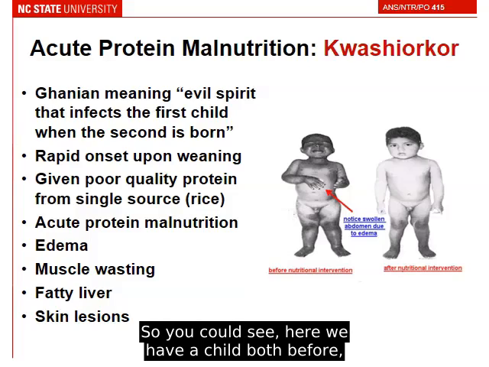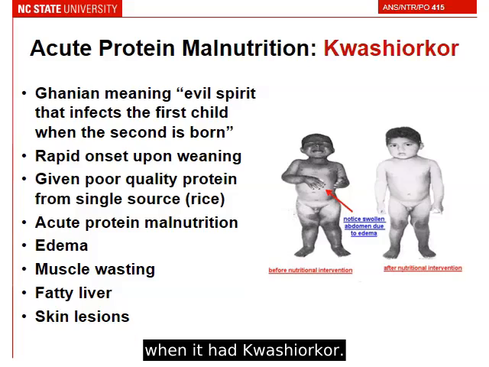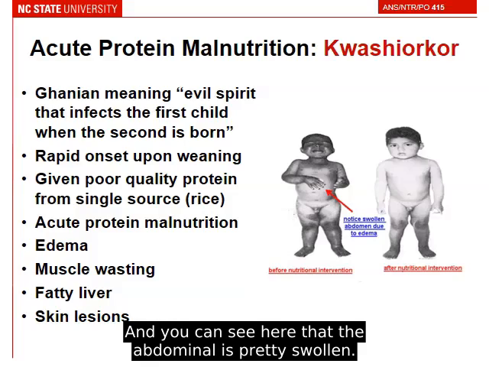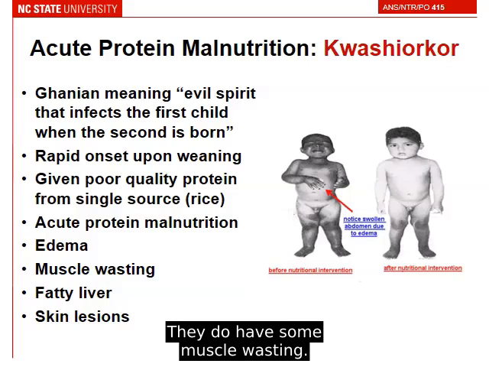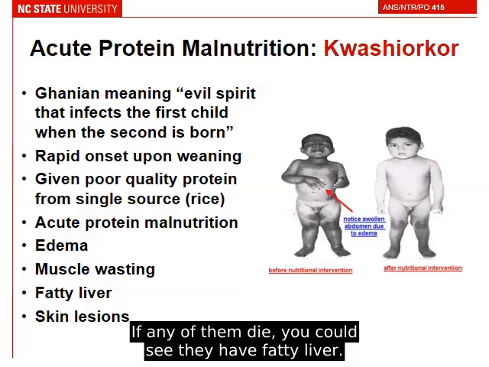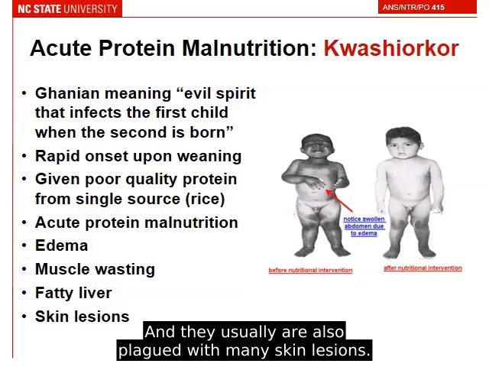So you can see here we have a child both before, when it had kwashiorkor, and you can see that the abdomen is pretty swollen. They do have some muscle wasting. If any of them die, you can see they have fatty liver, and they usually are also plagued with many skin lesions.